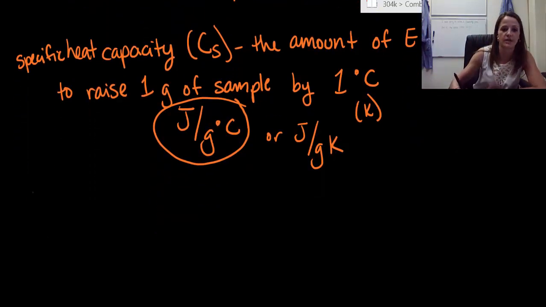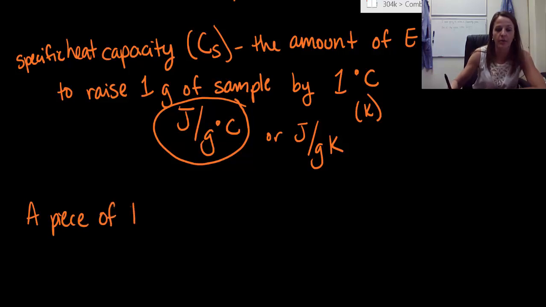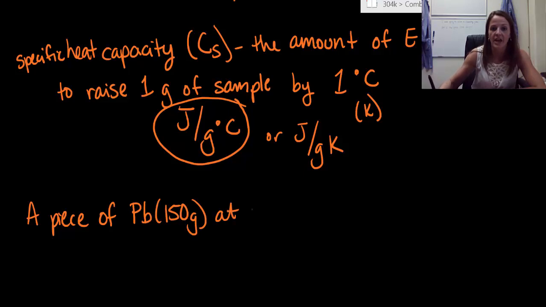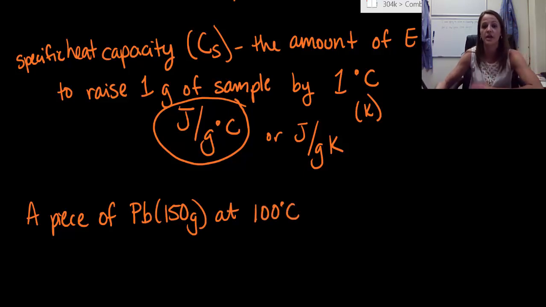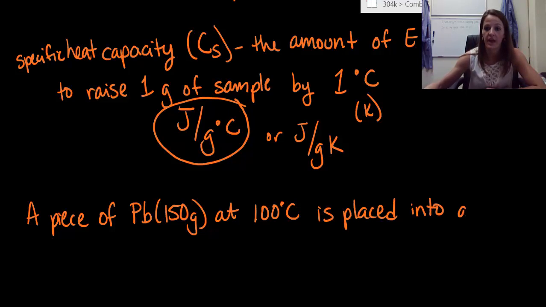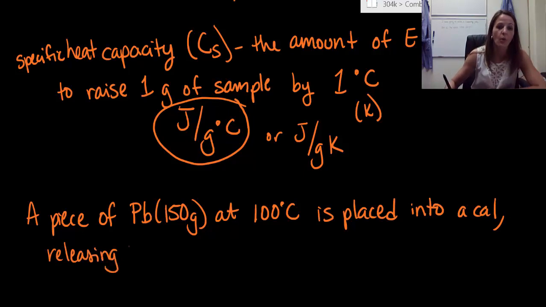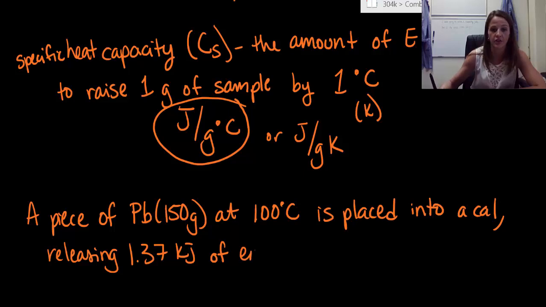All right, let's start off with a simple one. We have a piece of lead, and we're going to say we have 150 grams of it at 100 degrees Celsius. So the initial temperature of our lead is 100 degrees Celsius. It is placed into a calorimeter, CAL, releasing 1.37 kilojoules of energy.